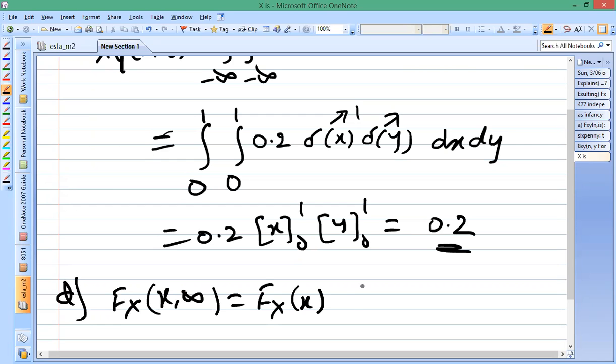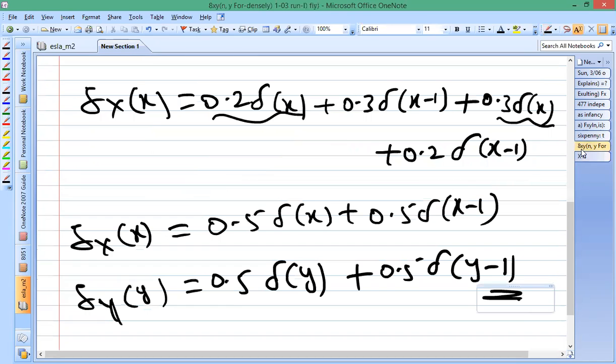This is very simple; it is not like a continuous variable. Here we have written the marginal PDF equation for f_X of x, which is expressed in terms of the unit delta function. In module 1 itself, I told that whenever we express the PDF, it is written in terms of the unit delta function, and whenever we want to express the CDF, it has to be expressed in terms of the unit step function.